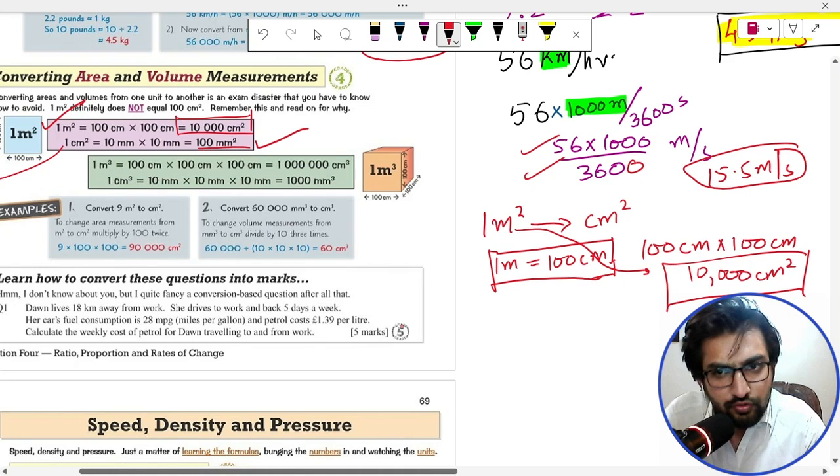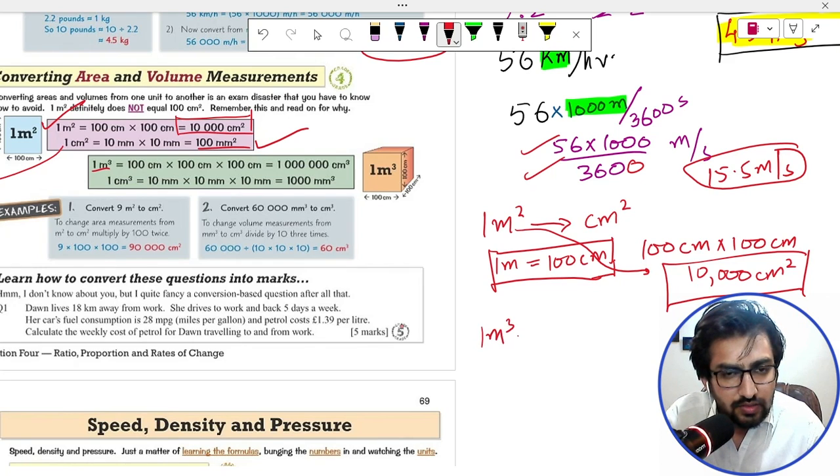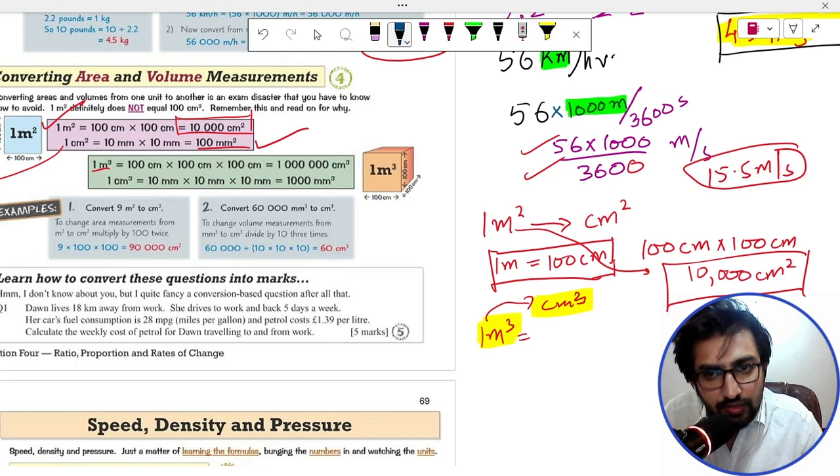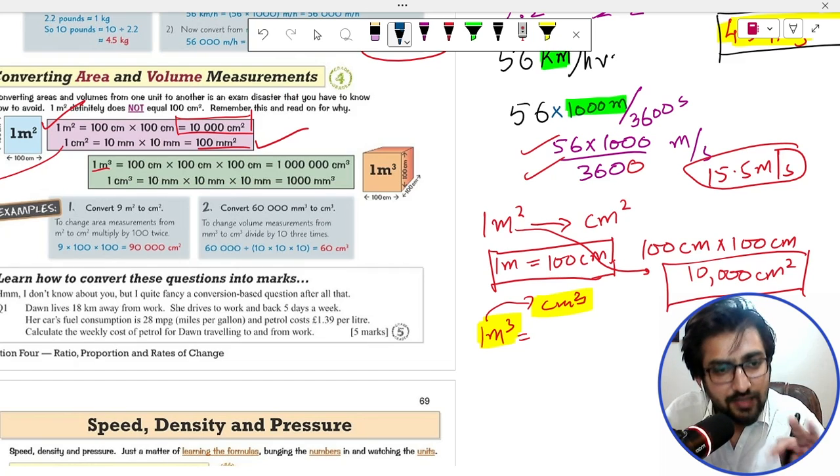Now let's talk about volume. 1 meter cube. You want to convert that into centimeter cube, so here you need to multiply 100 three times.